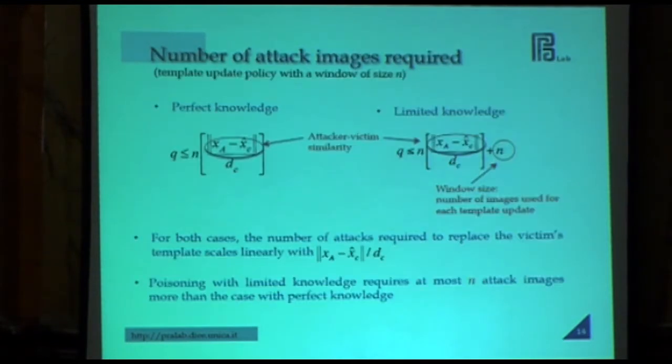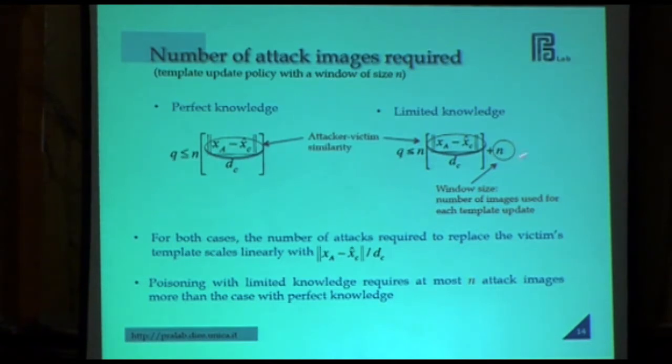Well, in the paper, we also have found some bounds about how many attack images the attacker should provide. And the bounds, of course, depend on how much the face appearance of the attacker is similar to your face appearance. This is a crucial measure.